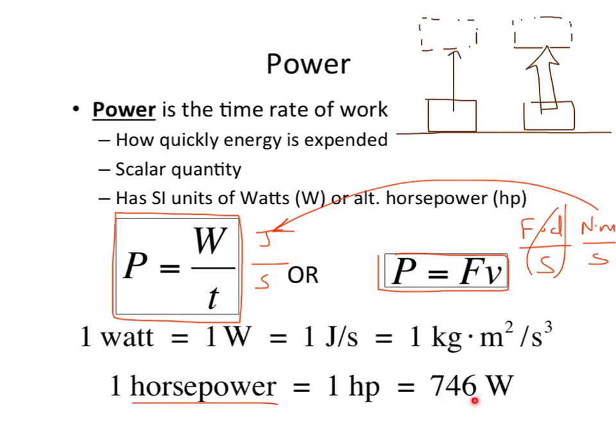So this is really just a conversion. Again, remember, a watt is a joule per second, or a newton meter per second. Think of raising a newton up a meter per second. That's what a watt is.